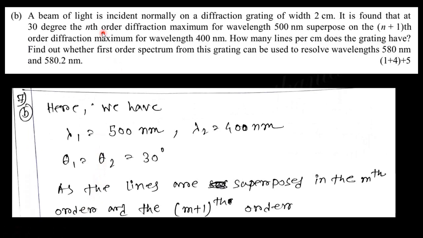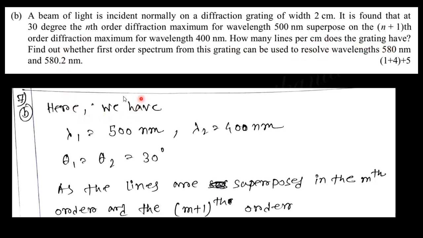Okay, next one. A beam of light is incident normally on a diffraction grating. It is found that the 30 degree nth order diffraction maximum for one wavelength superimposes on the n plus 1 diffraction maximum of the other wavelength. How many lines per centimeter does the grating have?